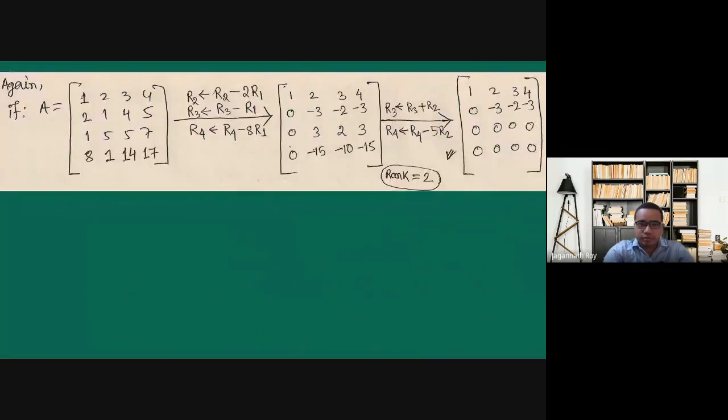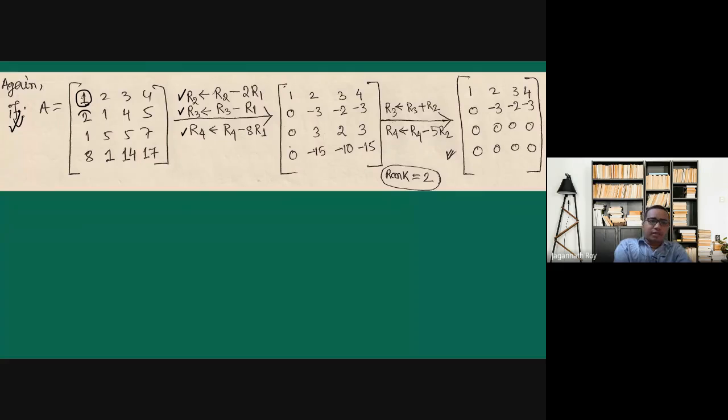If you are confident in row operations, earlier we have seen one by one, you can do all three operations in the first step only. In a single step, you can make it. So first non-zero is 1.